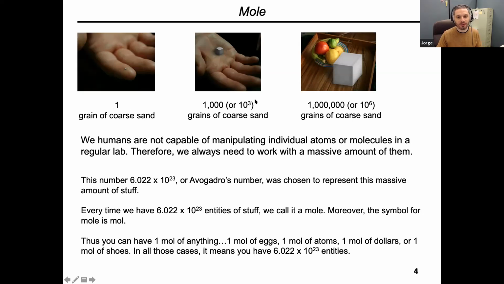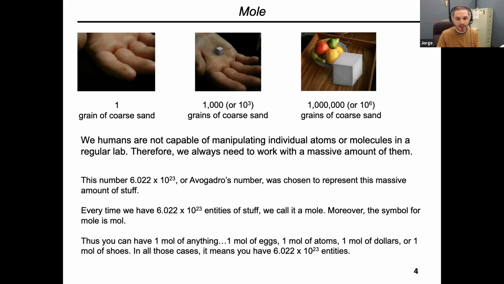However, if you have 1,000 grains of coarse sand, look at that, now it fits on the palm of your hand. And if you go even further and have 1 million grains of coarse sand, now look at that. It's a huge cube. We can hold this cube, we can manipulate this cube, we can put it on a scale and do things with it.